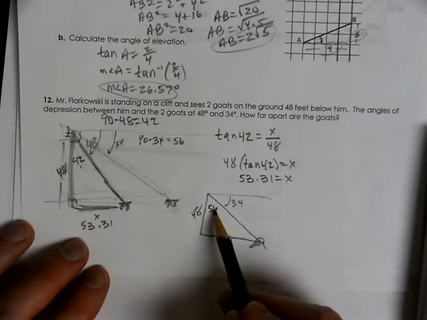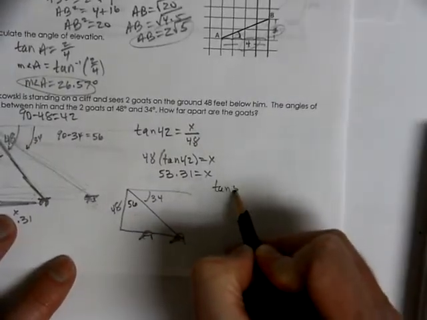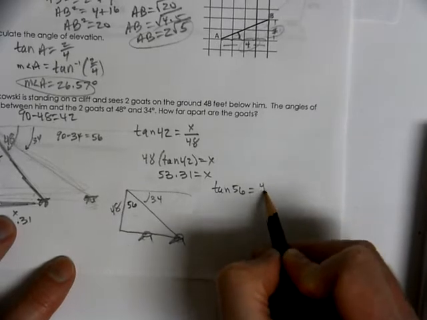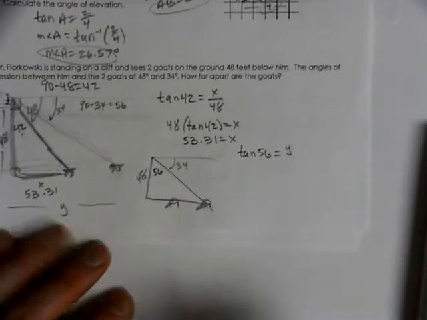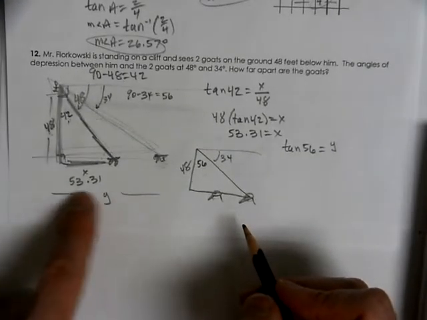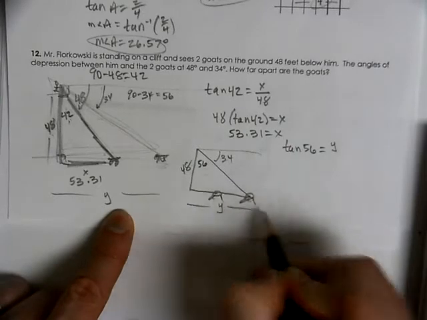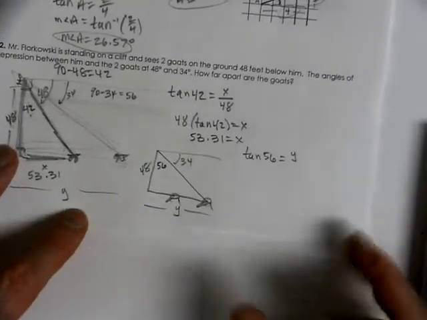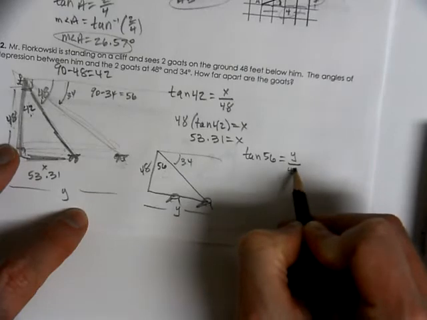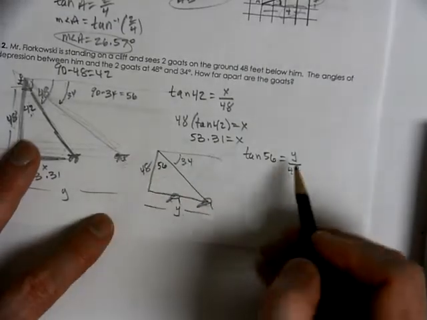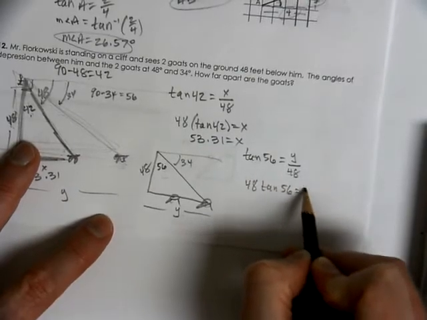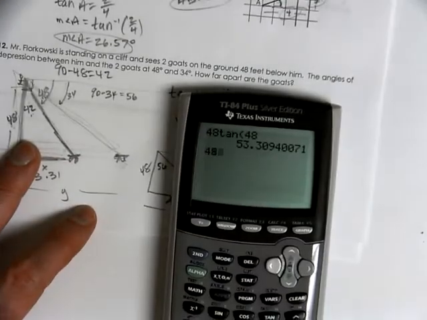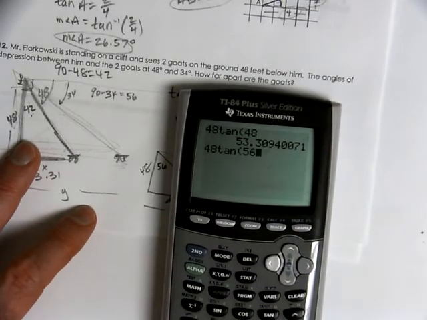So we're going to say opposite over adjacent from our 56 degree angle. Y is all the way across. Opposite over adjacent, multiply, so we have 48 times the tangent of 56.